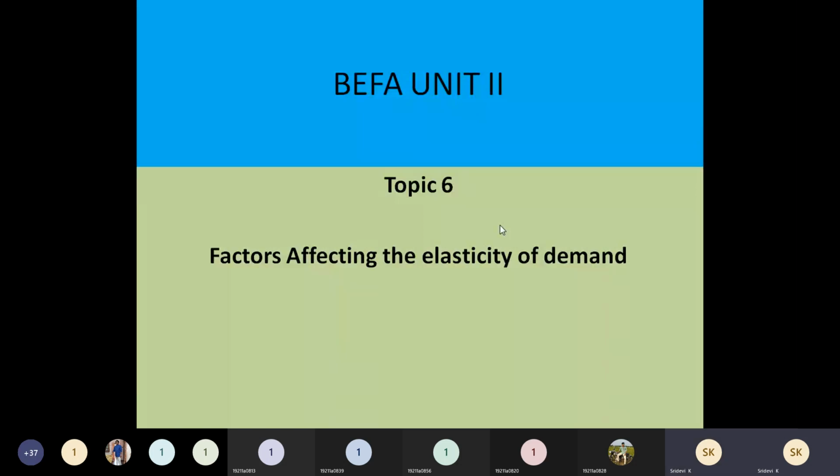If poor people are there, they will compulsorily look after how the price is changing, and accordingly they will react. If there is an increase in price, they will shift to some other product which is available at cheaper prices. In the same manner, when it is decreasing, they will purchase more. That means lower income people will be having high elastic demand.